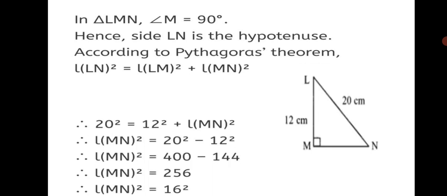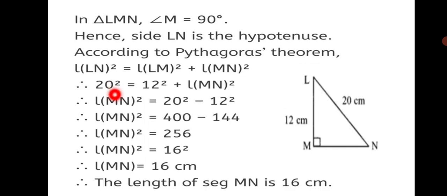Substituting the values, we get 20 square is equal to 12 square plus length MN square. Now length MN square we don't know, so we write it as equal to 20 square, and 12 square gets subtracted on the other side. So 20 square minus 12 square is 400 minus 144 is equal to 256.